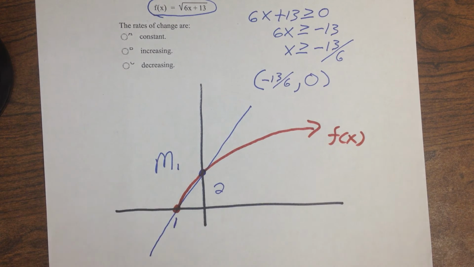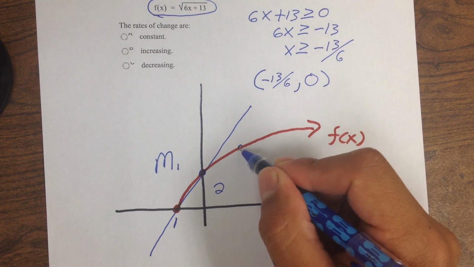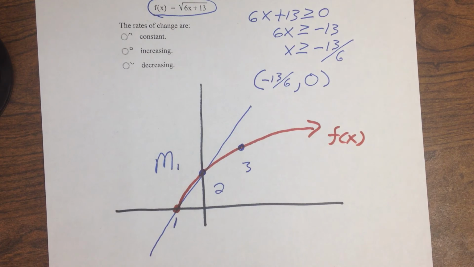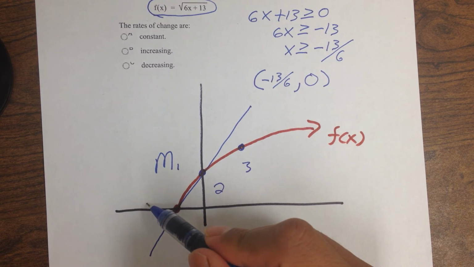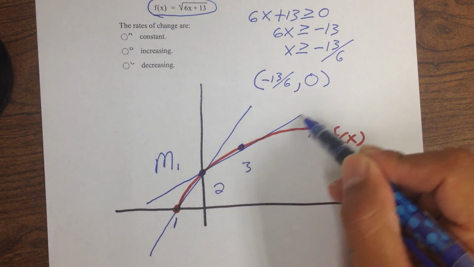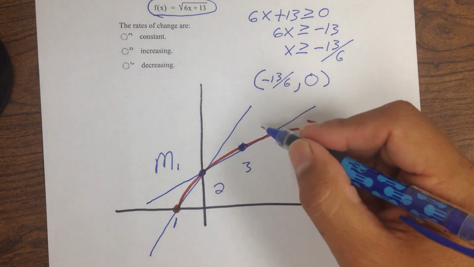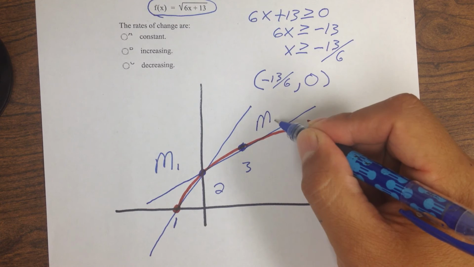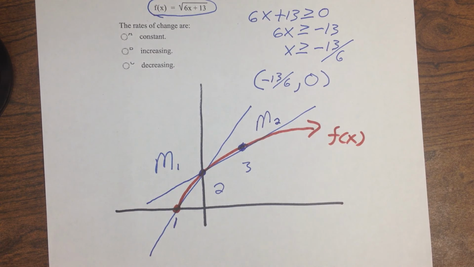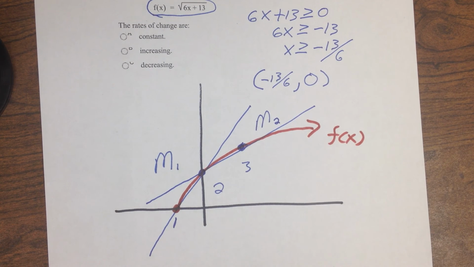Now, if I was to grab another point a little bit further out, point 3, and if I was to connect point 2 and point 3 with another secant line, then that second secant line would also have a slope, and that slope would be the rate of change of the function between point 2 and point 3.